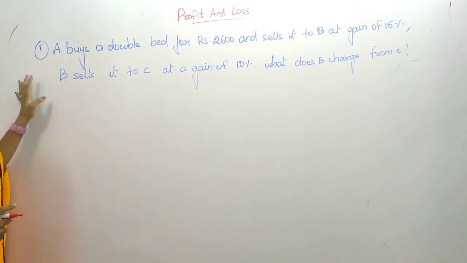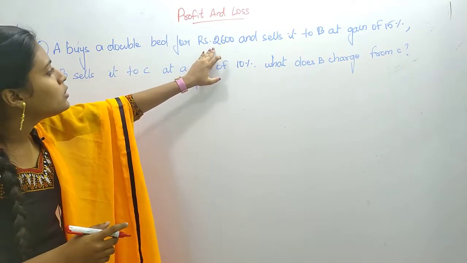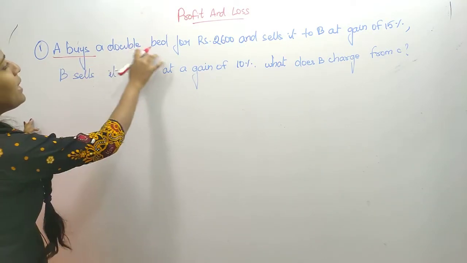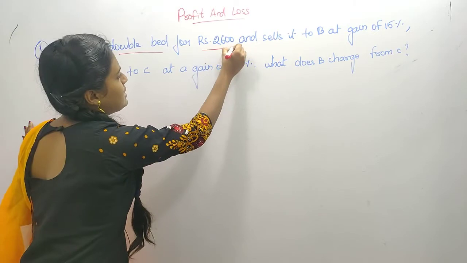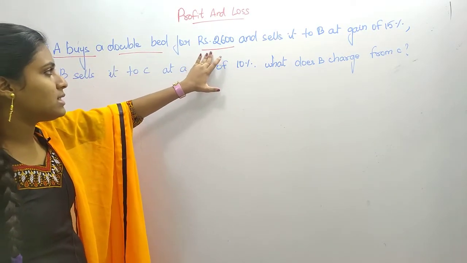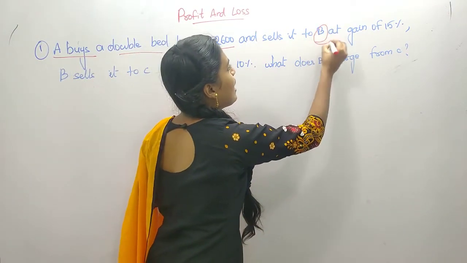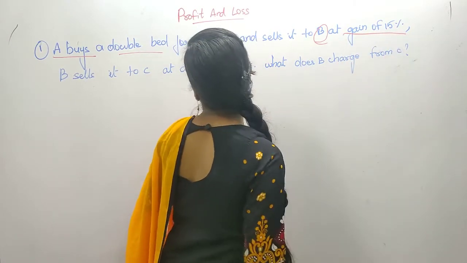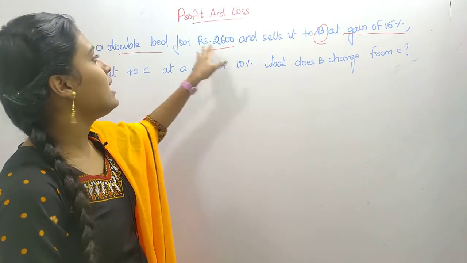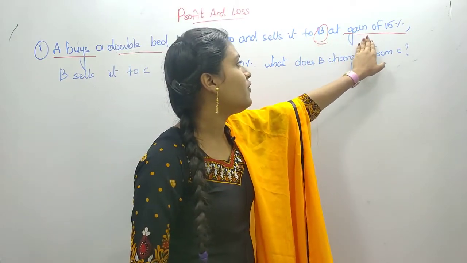The first question: A buys a double bed for rupees 2600. After buying the double bed for rupees 2600, A sells the bed to B at a gain of 15%.